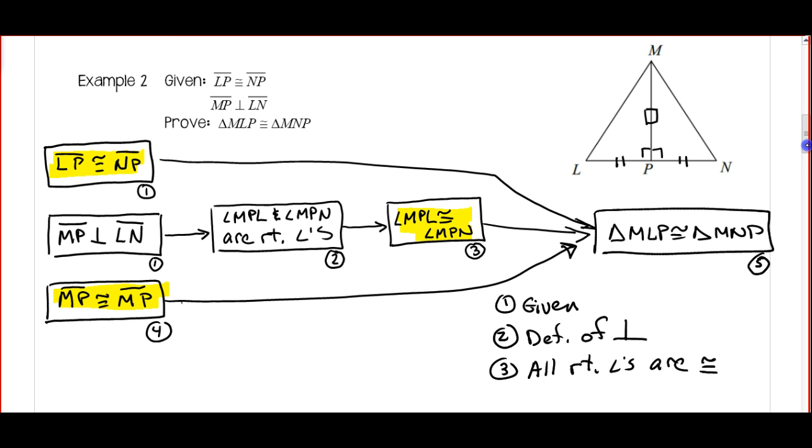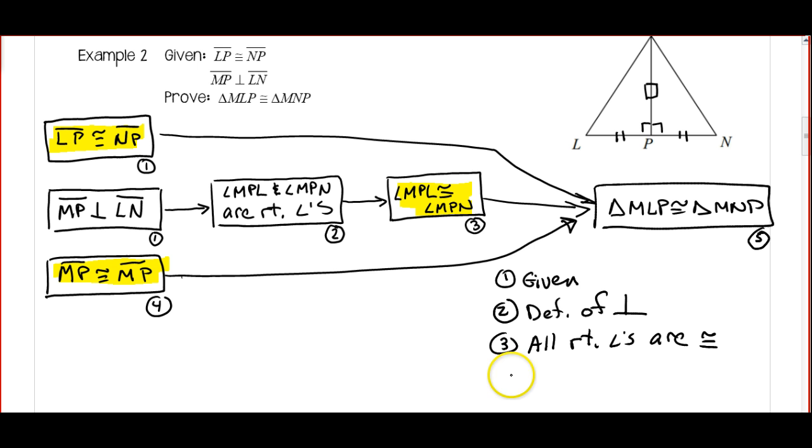And then number 4 over here was my reflexive property. Reflexive property, don't forget the word property. And then number 5 is by side angle side.